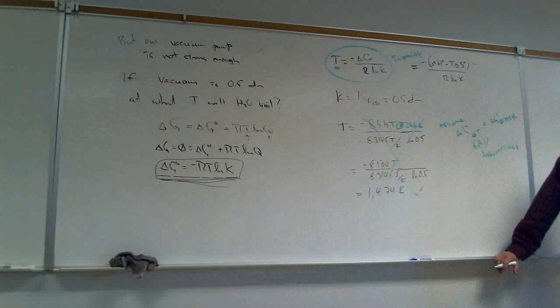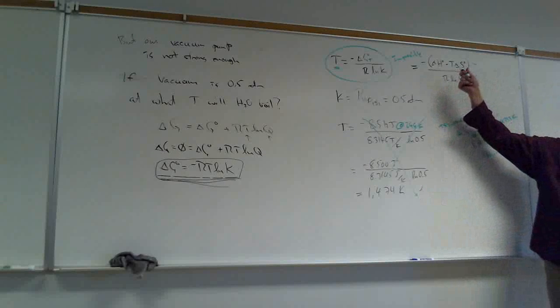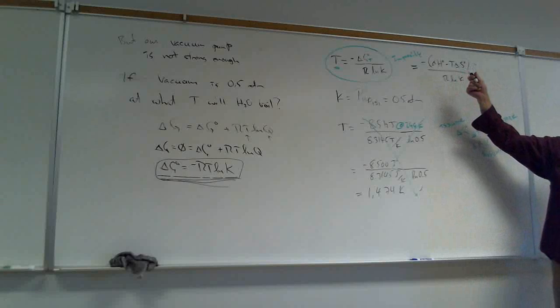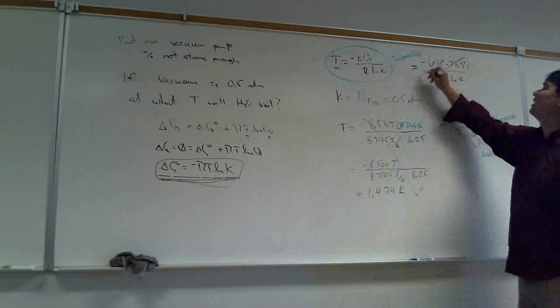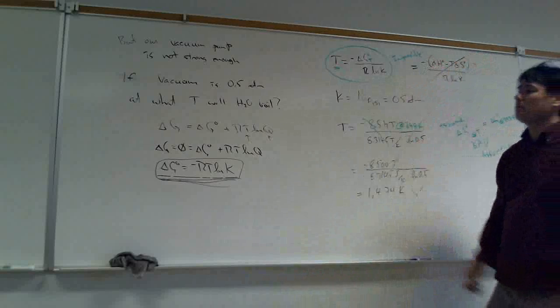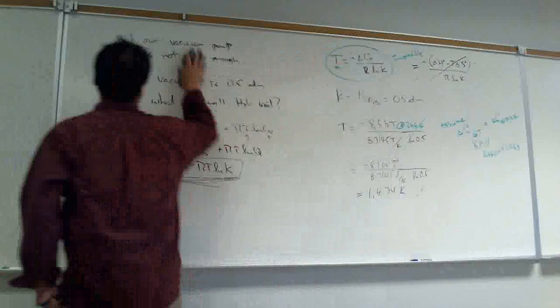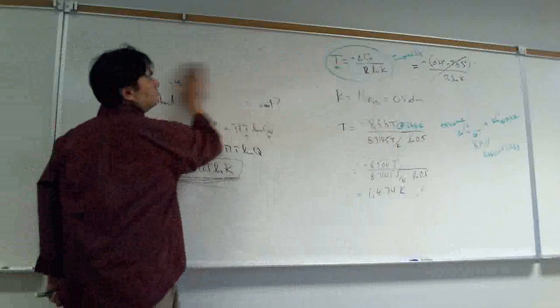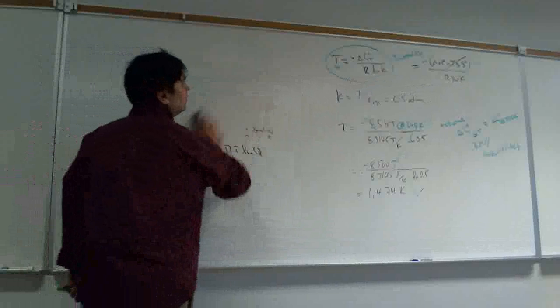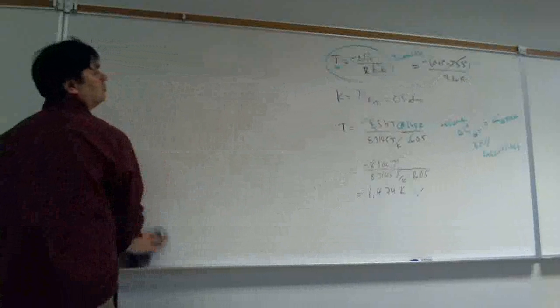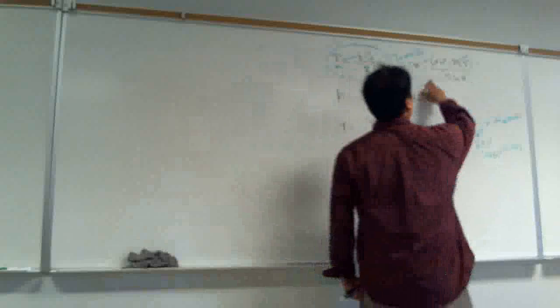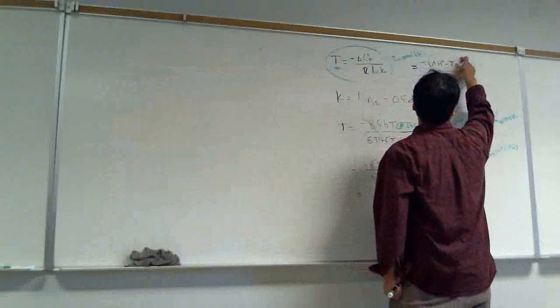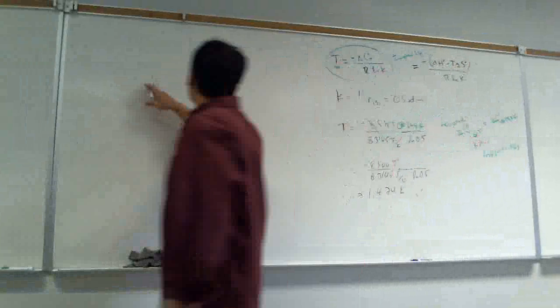That works, but this is a weird equation because we're trying to solve for T, and T's over here too. So we took a step behind. Let's take a step behind, because this is going to be kind of difficult too. We could multiply by R, and ln K become T, and then use T delta S over and take T out. We could do it that way, or we could do it a step back.